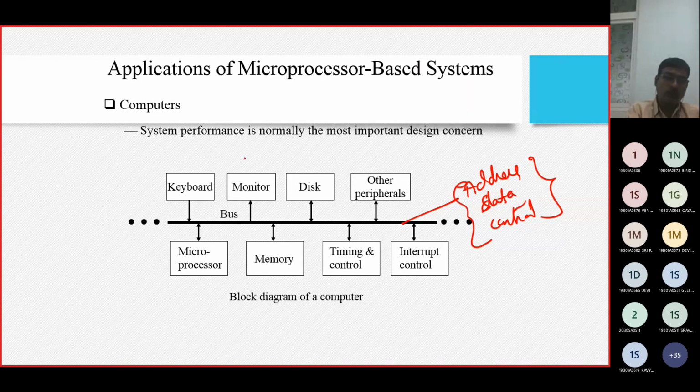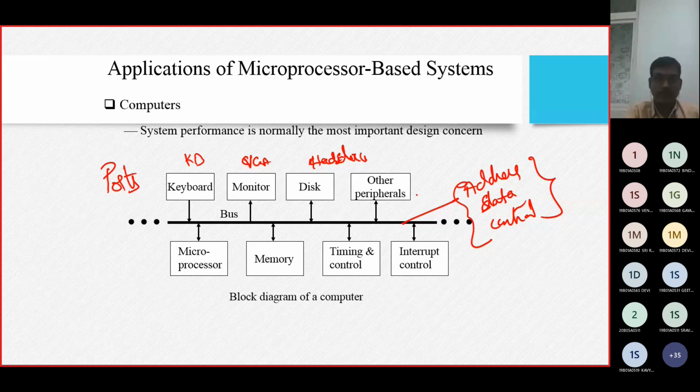Next, we have the elements called ports. From the ports, we are going to connect to the keyboard. We will connect to the VGA monitor. We will connect to the secondary storage devices, that is the hard disk, and other peripheral devices like scanners or printers, etc.